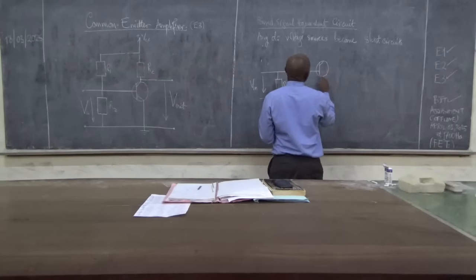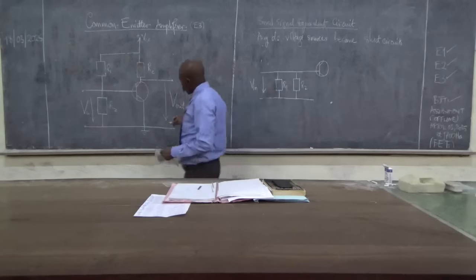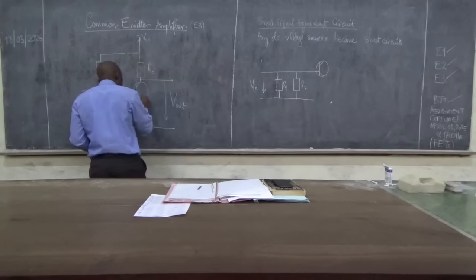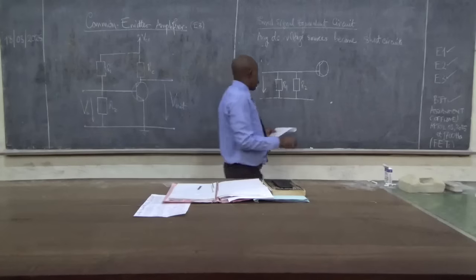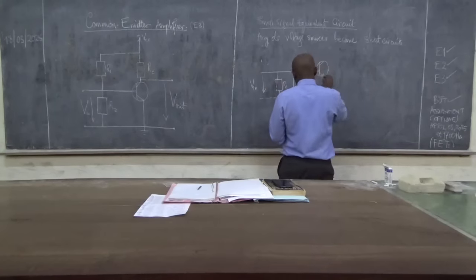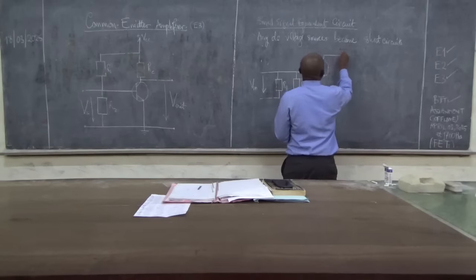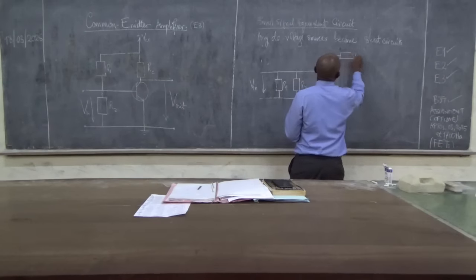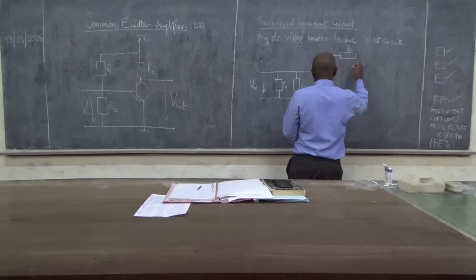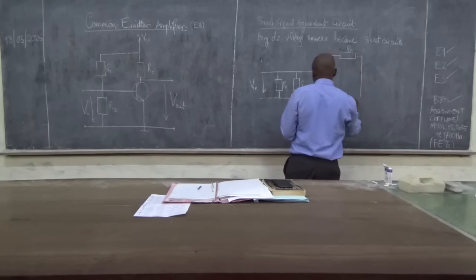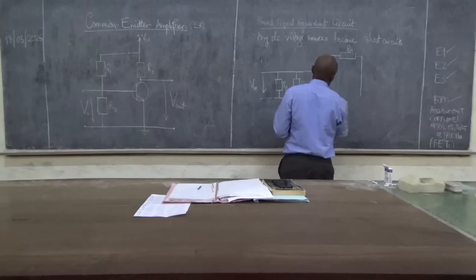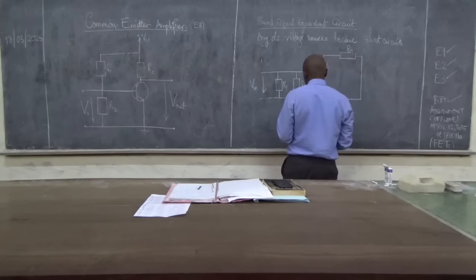Please make sure these transistors of yours are well drawn and put the arrow. I forgot the arrow here. Then we have this RC here. Then we will complete the circuit.